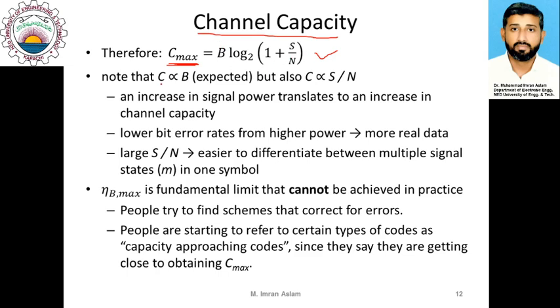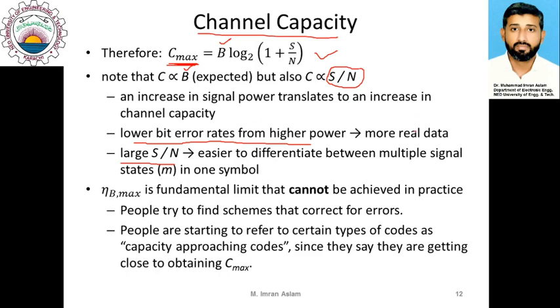You can see that this capacity is dependent on the bandwidth, B. If we increase B, the data rate would increase. Also, this capacity is dependent on the signal to noise ratio. If we increase the signal power, it will increase the overall channel capacity as well, because higher power generally reduces the overall bit error rate, and higher energy signals are easier to detect. For a large value of SNR, we can easily differentiate between different types of symbols.